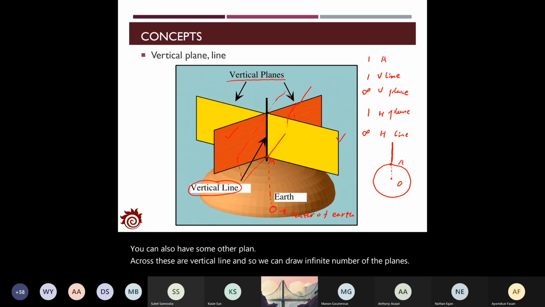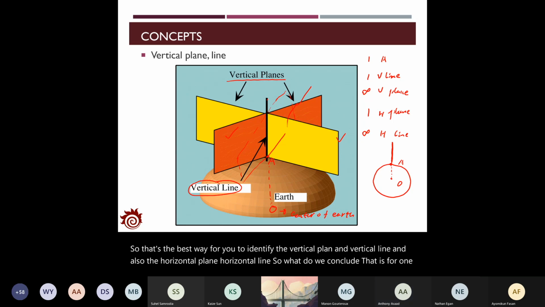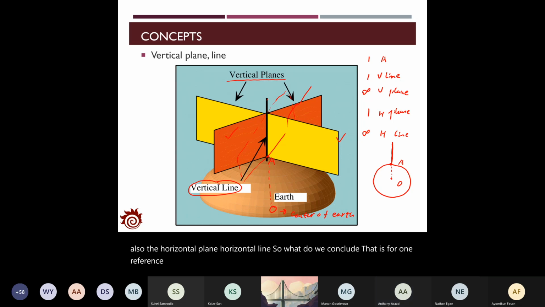So that's the way to identify the vertical plane and vertical line, and also the horizontal plane and horizontal line. What we conclude is that for one reference point, we only have one vertical line and one horizontal plane, but we have an infinite number of vertical planes and an infinite number of horizontal lines.